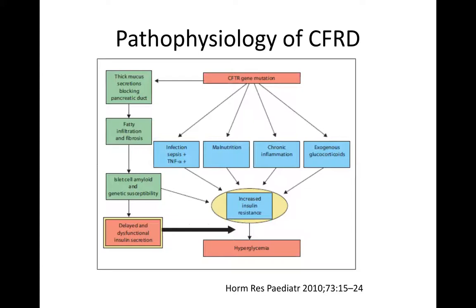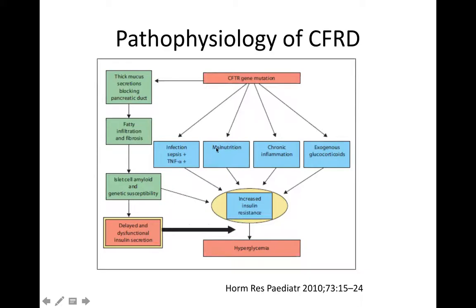So this is a chart that basically shows how cystic fibrosis-related diabetes develops. First you have your mutation, and because of that mutation, you have exacerbation of your lung disease. Because of that, you're treated with steroids, like prednisone. You have chronic inflammation or irritation, especially in the lungs.